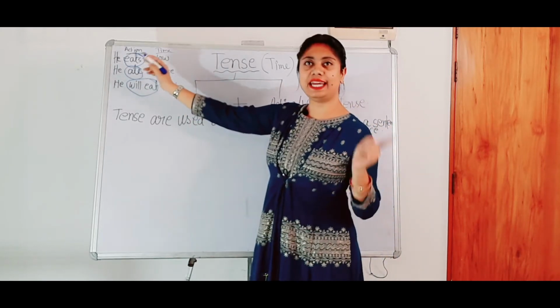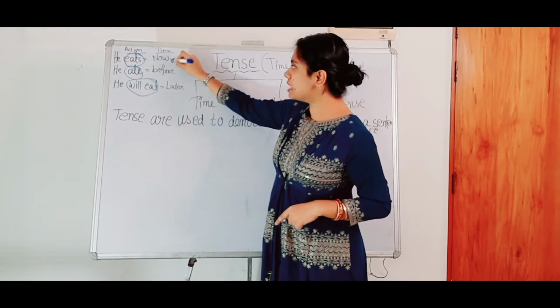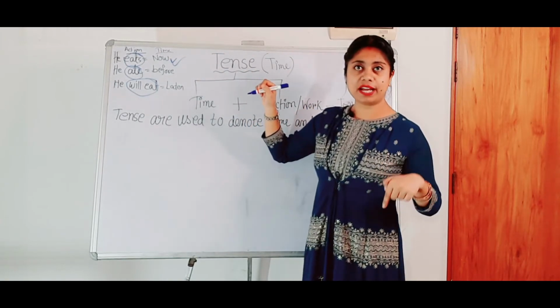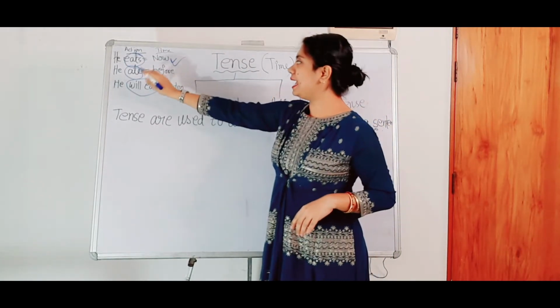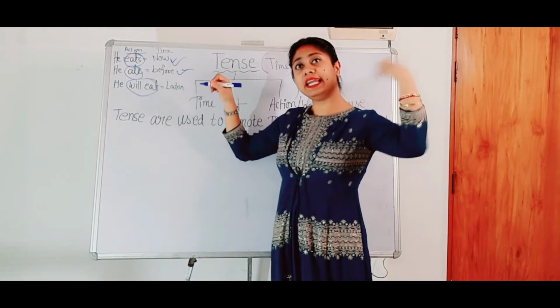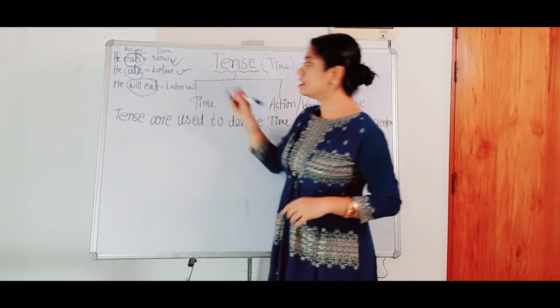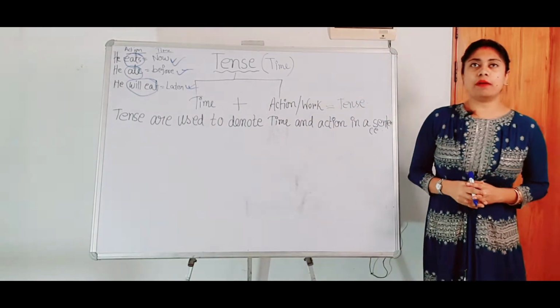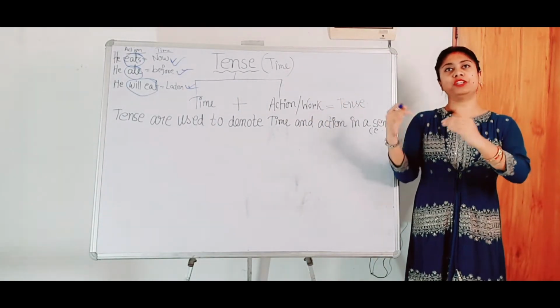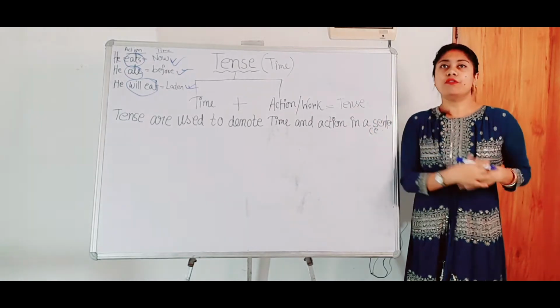When I say he eats, it means now, that's happening right now, the eating. And ate, that is before, already eaten, so it's the before work. And will eat, this is telling that it is going to happen in the future.